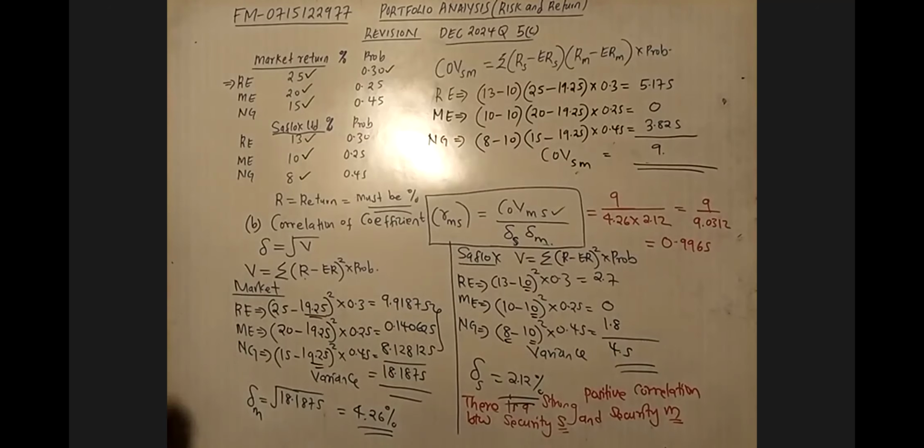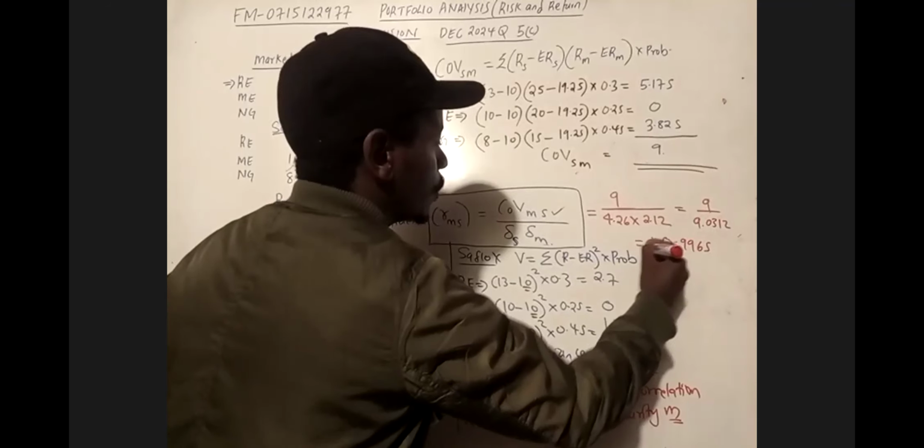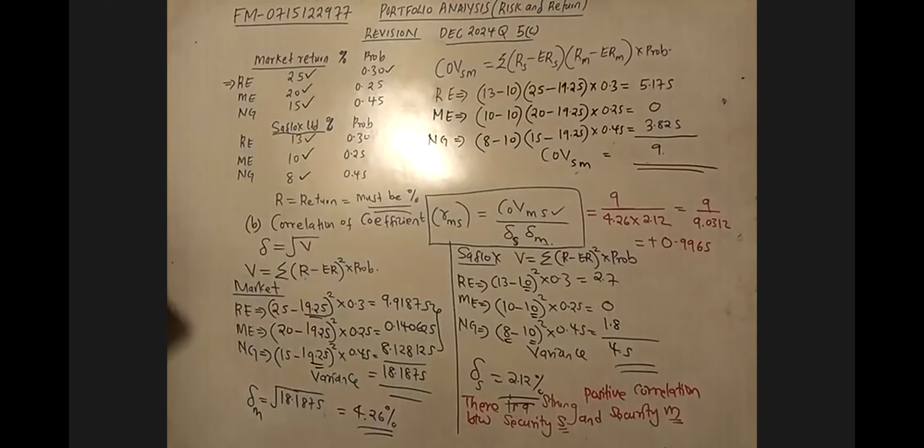This one is positive because it's a positive figure. So there is a strong positive correlation between security S and security M.